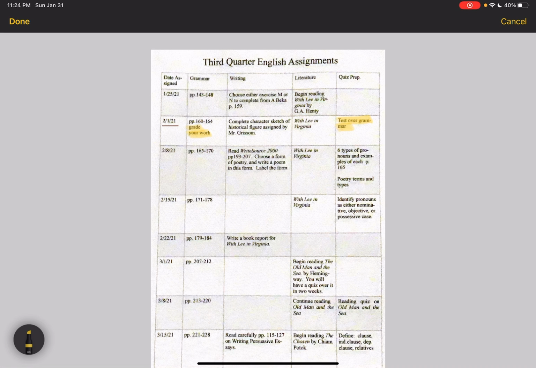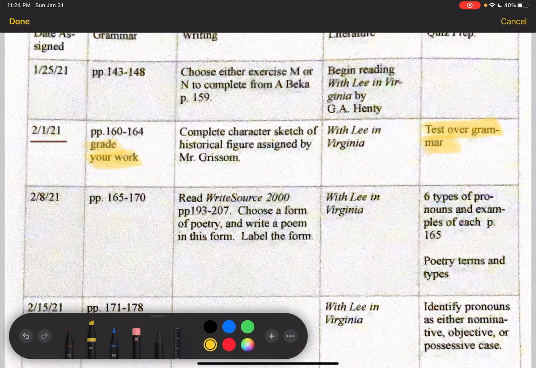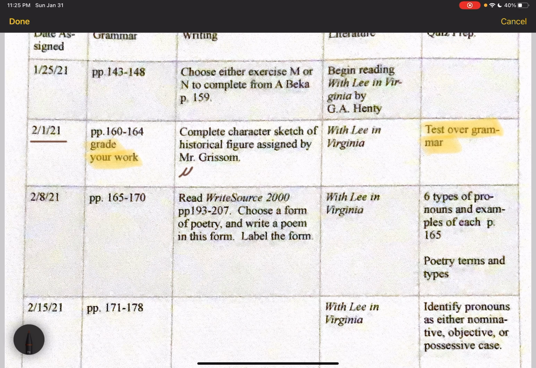Okay, in the writing section, you're to complete a character sketch of a historical figure assigned by Mr. Grissom. So, which chapters? Let's see. All right, you can choose any character from this week's history or next week.